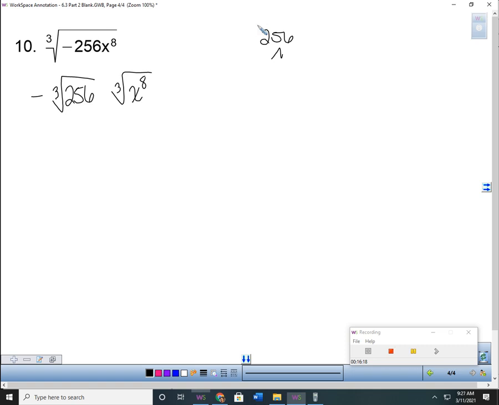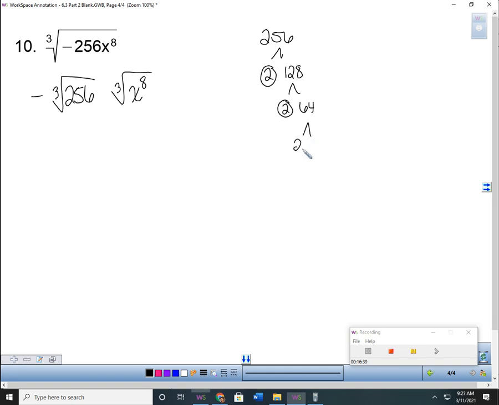That gives you 2 and 128. 128 will also divide by 2. So that gives us 2 and 64. And 64 will divide by 2.